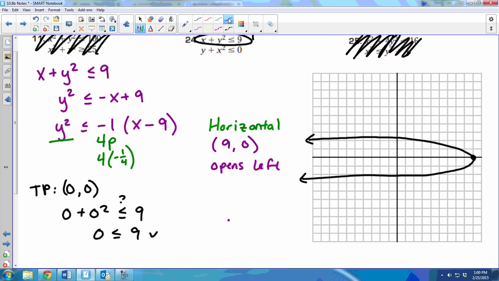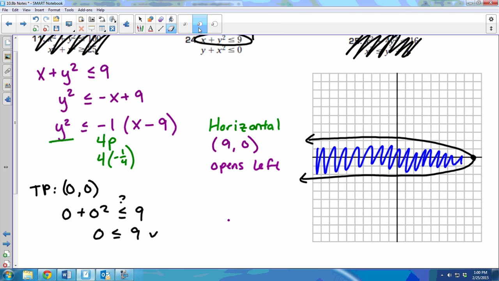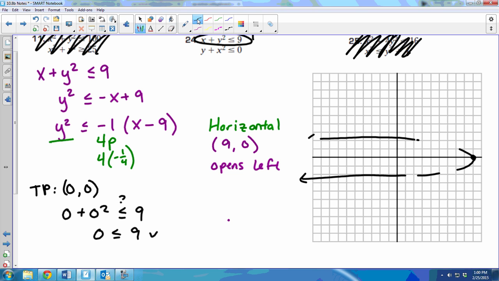Do not shade this because I have to do another parabola in a second. But I'm going to be doing this part right here, right? Yes? It's true, so you shade where the 0, 0 is. I'm going to erase that because we're not going to have that whole thing shaded. We still have to do the other parabola.